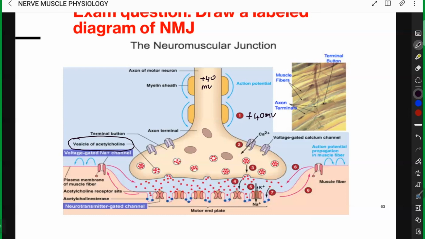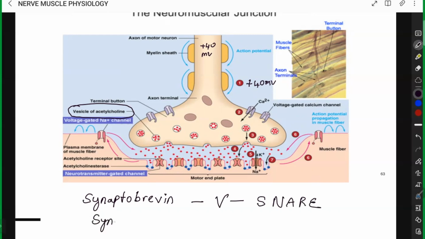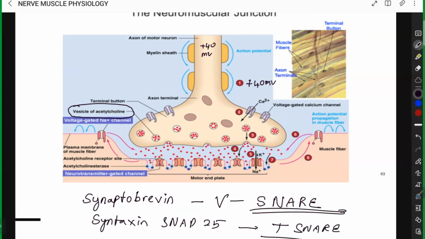Apart from the voltage gated calcium channels, you have two other important proteins called synaptobrevin and syntaxin. Synaptobrevin is otherwise called V-SNARE. Then you have syntaxin and SNAP25, and this is going to be called T-SNARE. So you're going to have a V-SNARE and a T-SNARE.